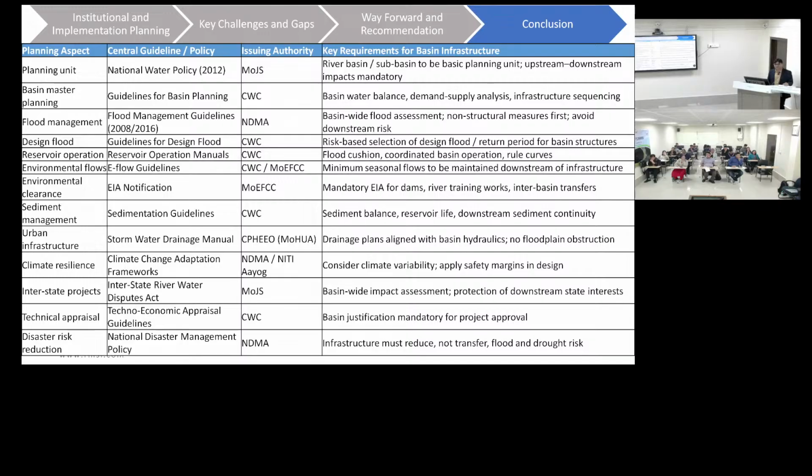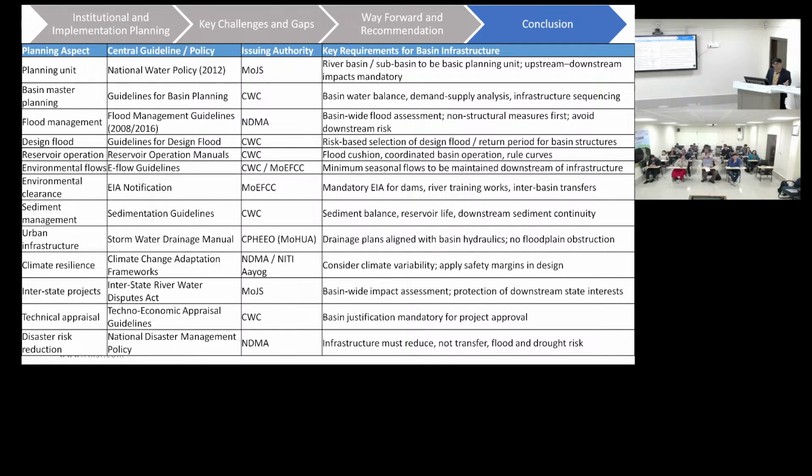Like for example, planning unit. Whichever department you are planning something for, you have to consider the National Water Policy document published by the Ministry of Water Resources, Ministry of Jal Shakti, and you should also consider the latest document like NWP. I have mentioned 2012 here, but one participant was saying that it was published in 2022.